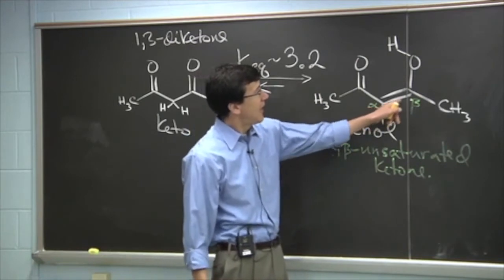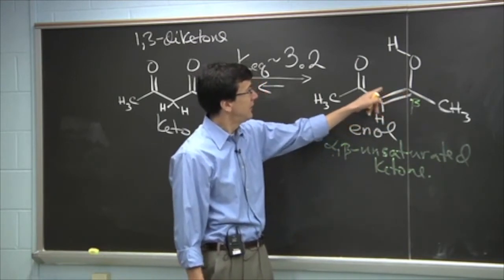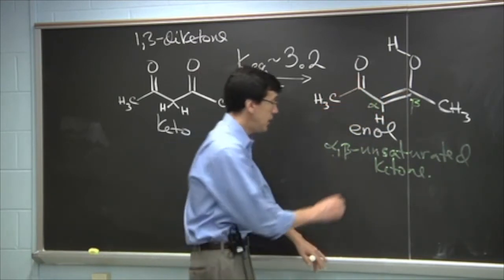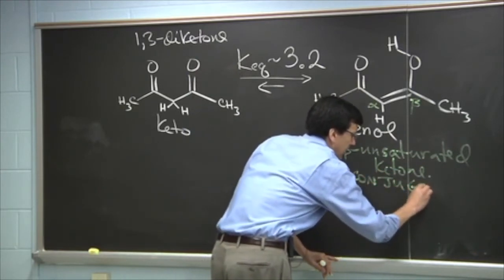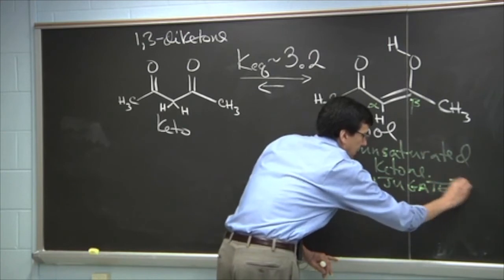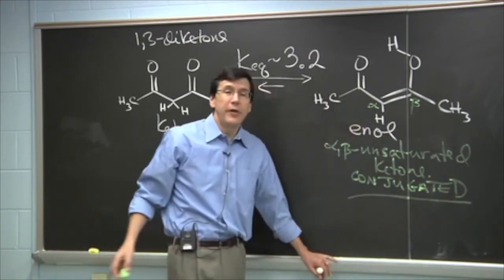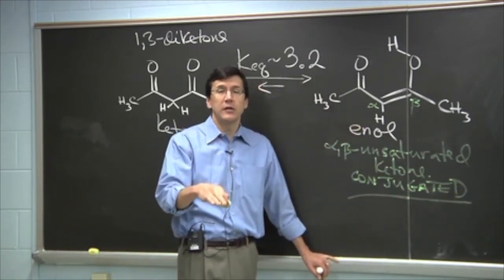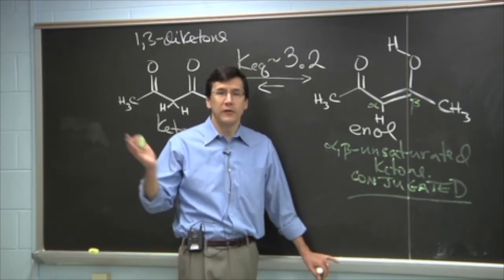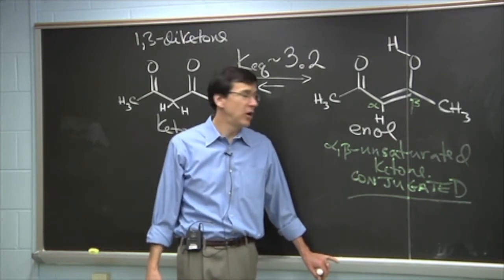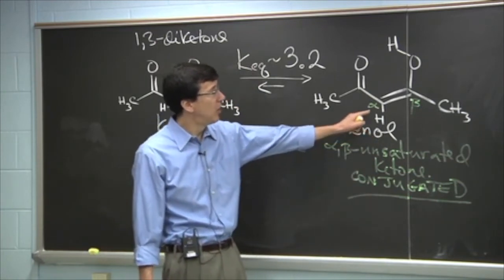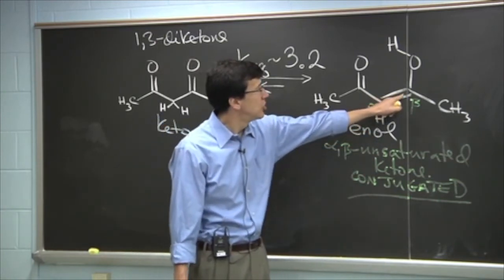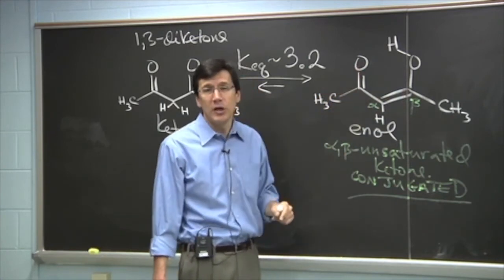Another way of saying that is that the alkene is conjugated to the carbonyl. And we know that conjugation is an energetically stabilizing phenomenon because of the delocalization of the electrons. So one reason that this enol form is particularly favorable is that the alkene portion is conjugated to the carbonyl.